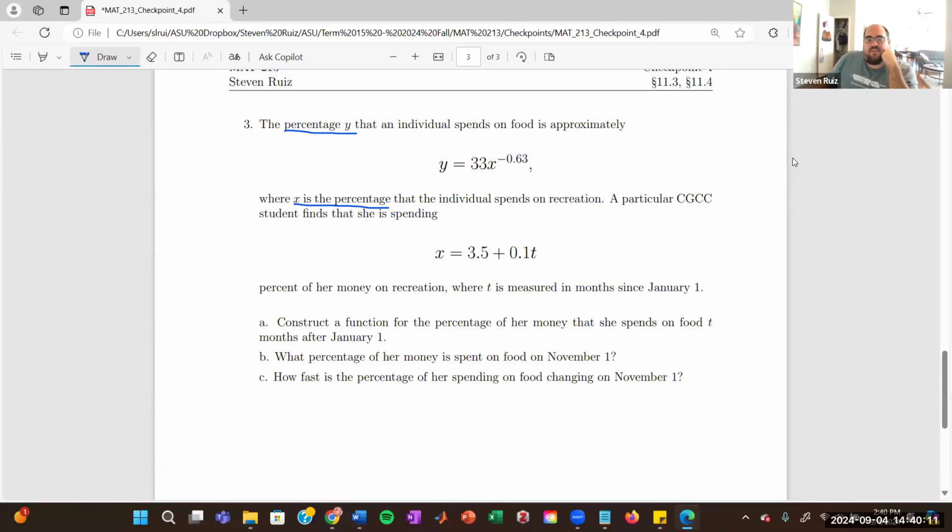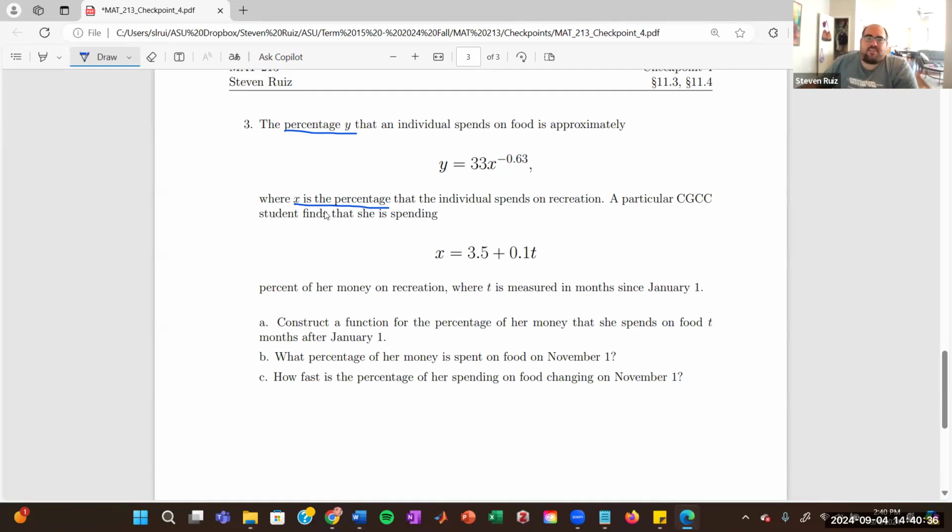This upper one describes the percentage of her spending on food as a function of the percentage of her spending on recreation. And this lower function describes the percentage of her money she spends on recreation as a function of time after some reference time, so after the first of the year.